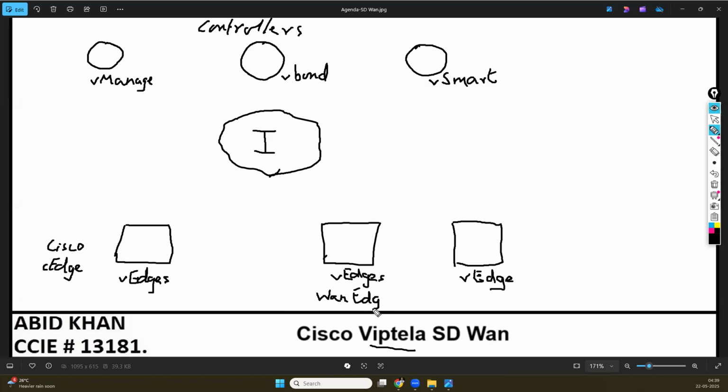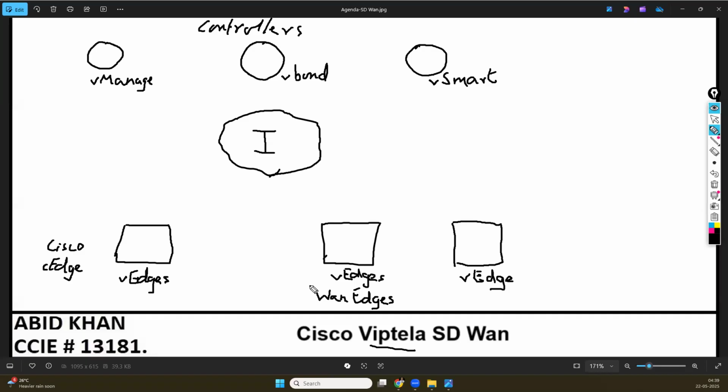WAN edges are nothing but the routers. It could be a Cisco router or a Viptela router. Slowly, Cisco will phase out Viptela routers and market their own Cisco routers with SD-WAN enabled IOS, not normal IOS.